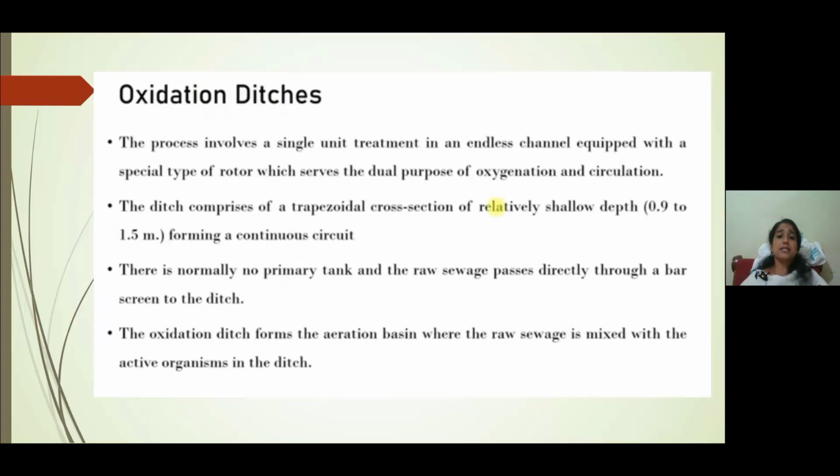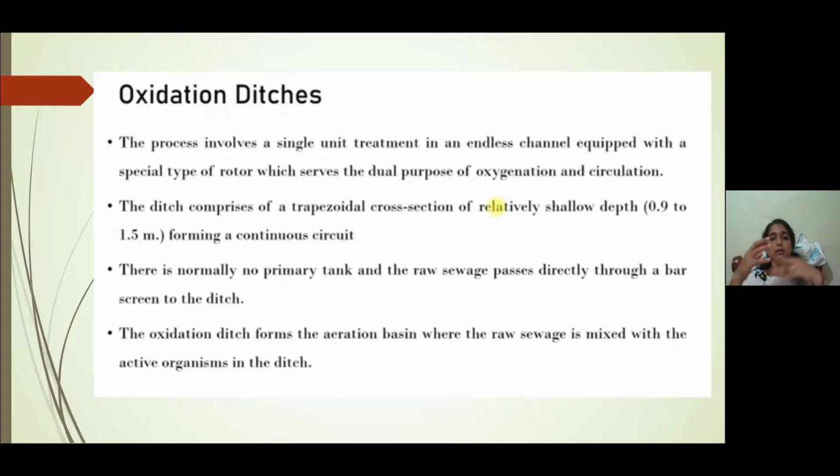The process involves a single unit treatment in an endless channel equipped with a special type of rotor which serves the dual purpose of oxygenation and circulation. In the oxidation ditches, according to the size of the oxidation ditch, a number of rotor units are provided.